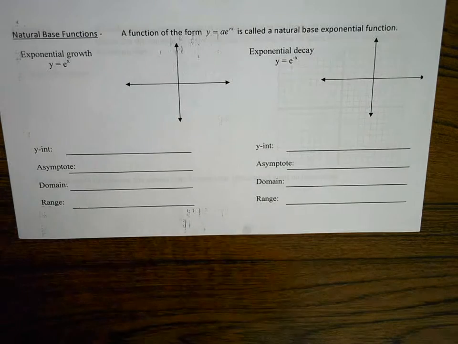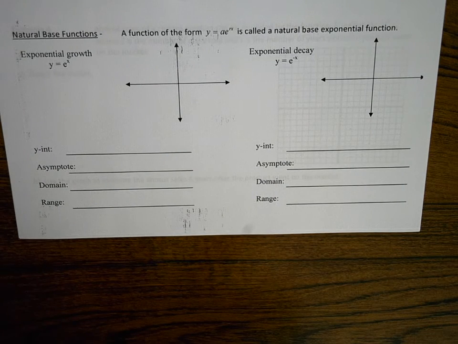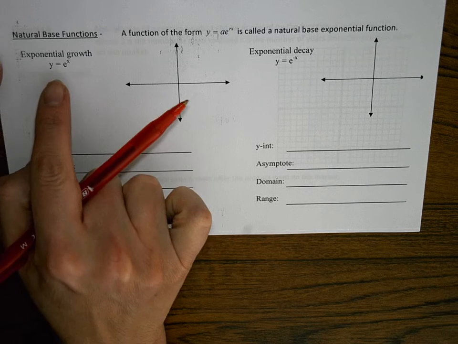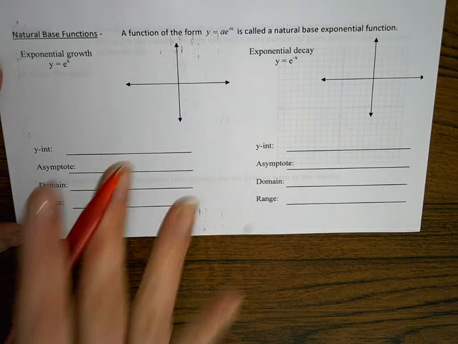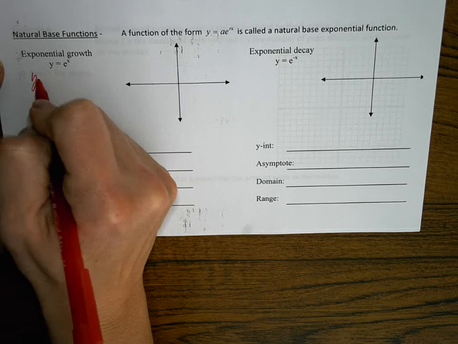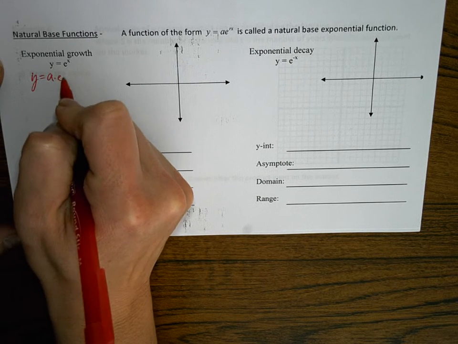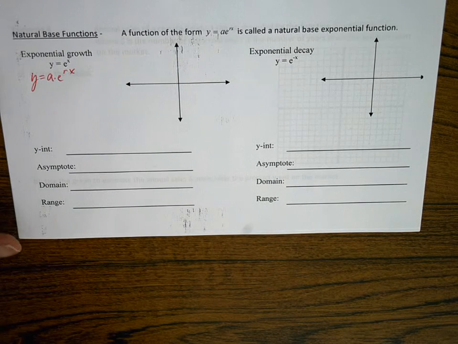Notice x is still in the exponent. Now, we're going to look at y equals e to the x. I want you to think about this parent function. Y is equal to a times e to the rx power.